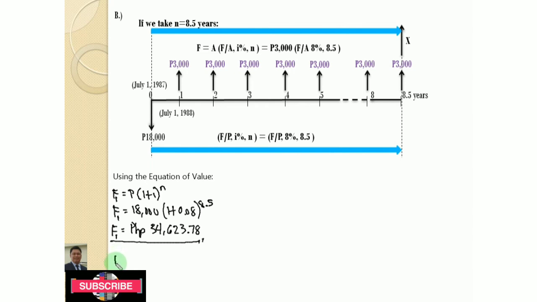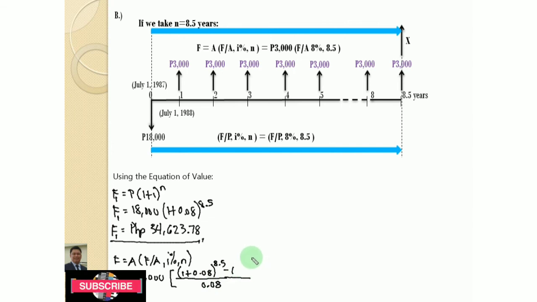So we are going to use this F given A, F given i percent in n periods, and then we have F equal to the annuity of 3,000 times (1 plus i, which is 0.08, raised to the n of 8.5) minus 1, all over our 0.08.